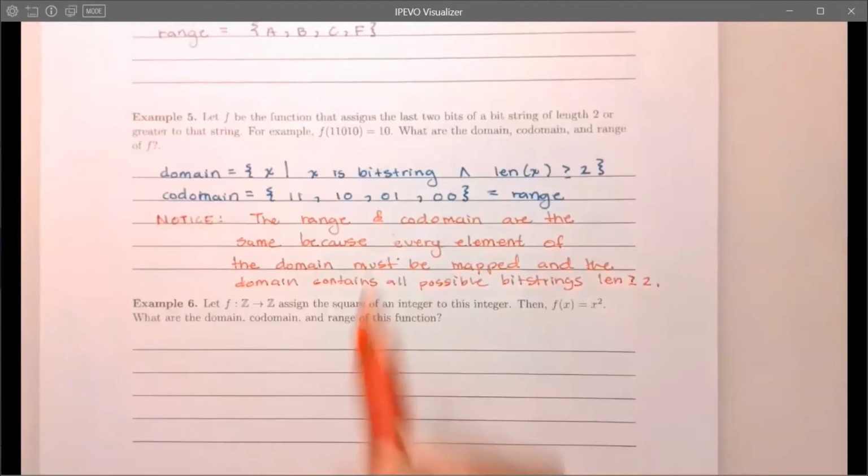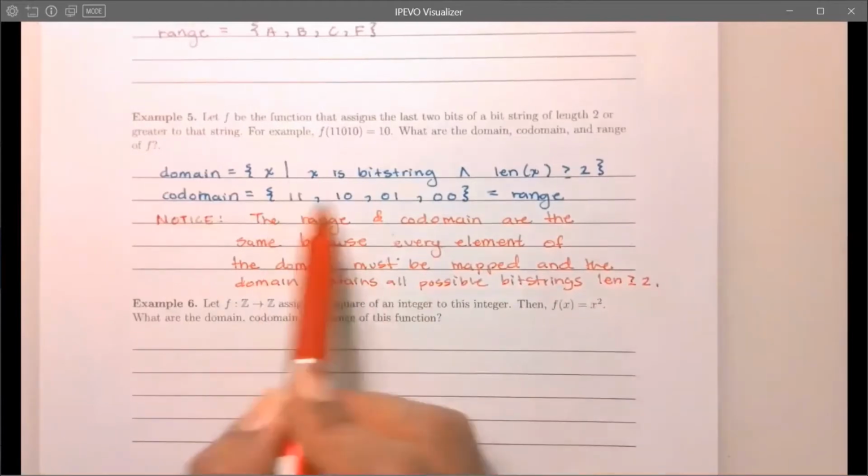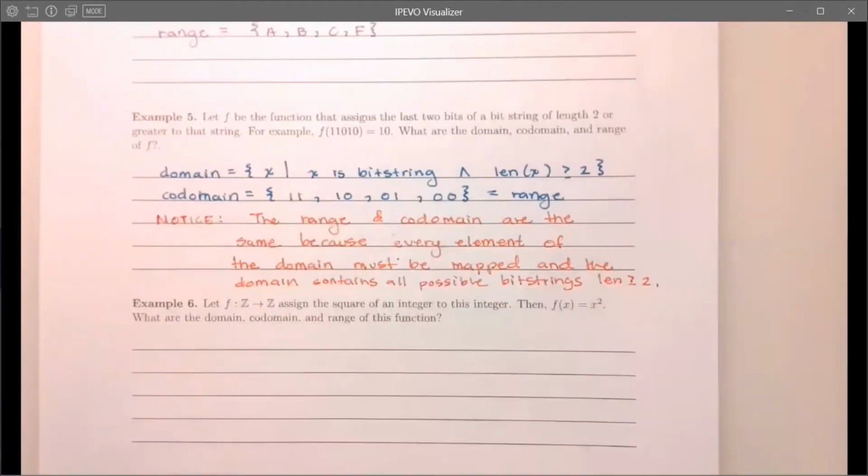So we are bound to find bit strings that end in those bits.